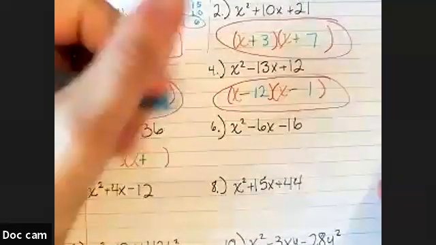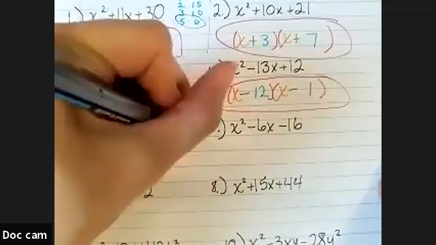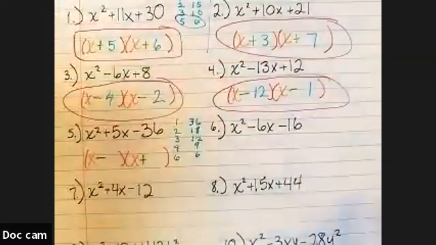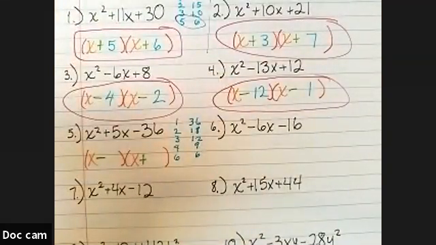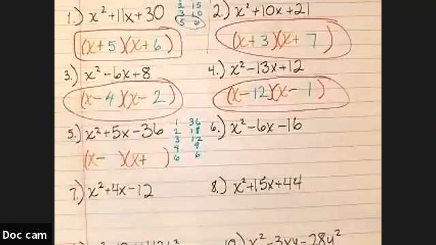So let's do our list. 1 and 36, 2 and 18, 3 and 12, 4 and 9, 6 and 6. We're looking for one of those pairs of numbers that has a difference of 5. So that's going to be 4 and 9.